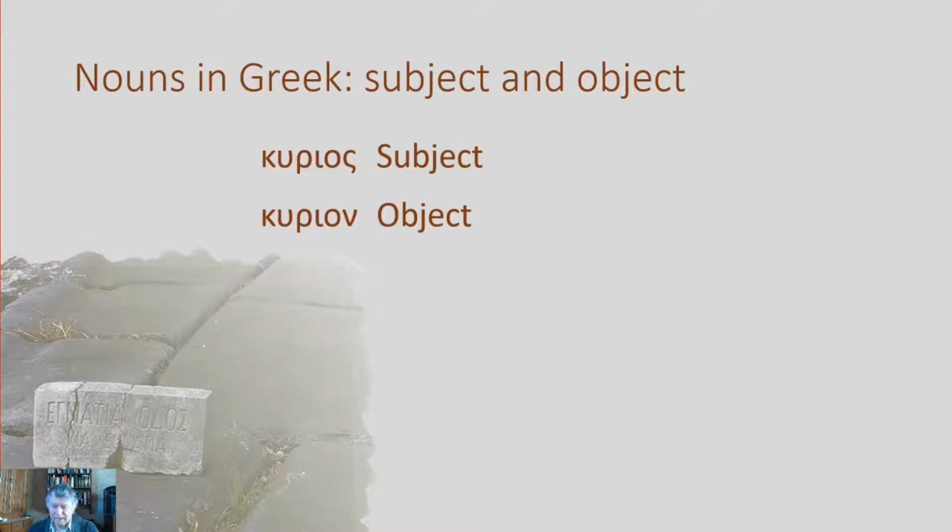So they don't use subject and object, they use nominative and accusative. But it means the same thing. So nominative is when a word is used as the subject, and accusative is when the word is used as a direct object. So nominative, kurios, accusative, kurion. Okay?